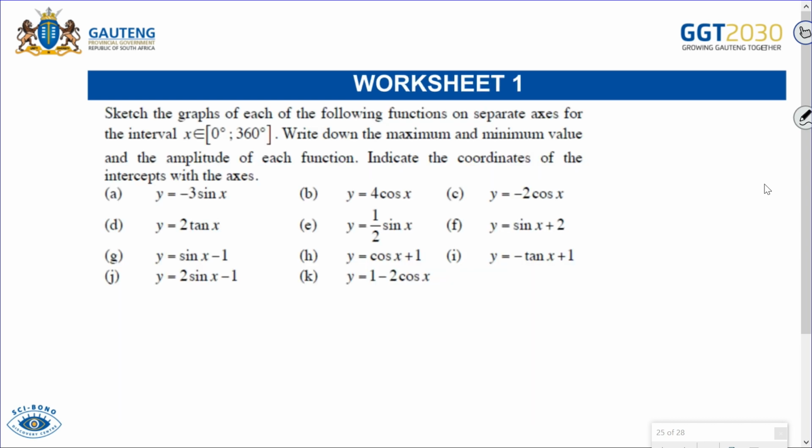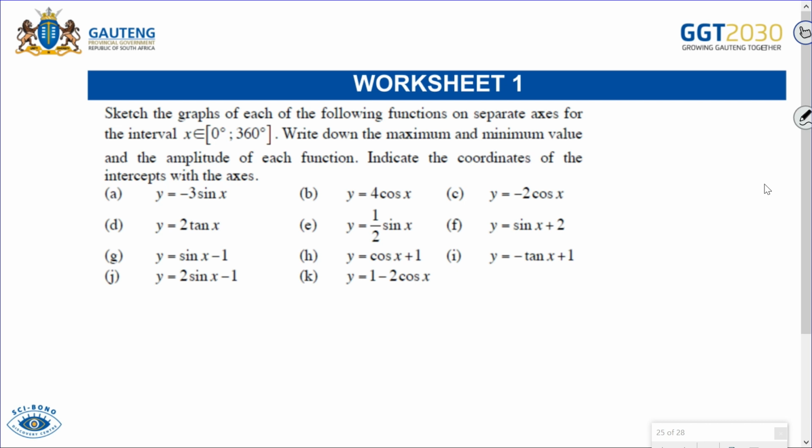And then for your homework, you look at worksheet number 1. You must sketch the graphs of each of the following functions on separate axes for an interval of x an element of 0 degrees to 360 degrees. You must make sure that you write down the maximum and minimum value and the amplitude of each function.